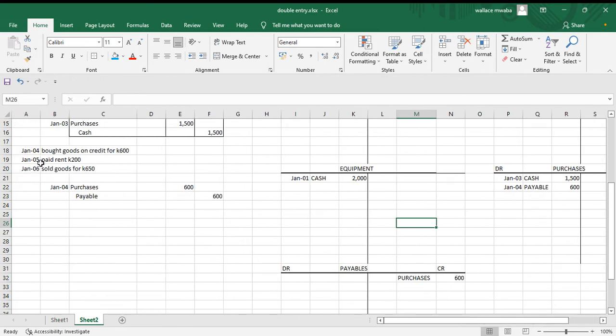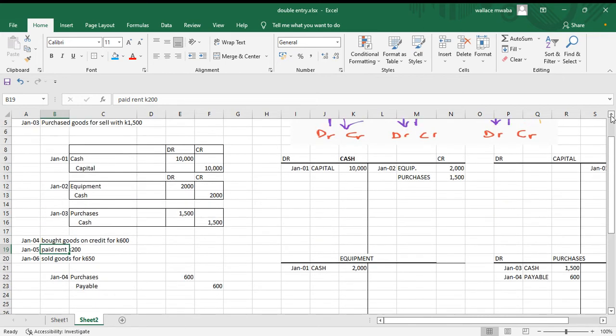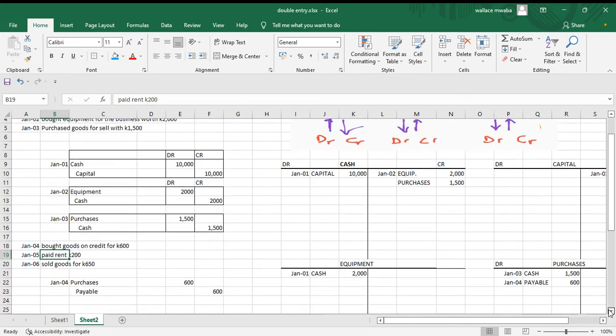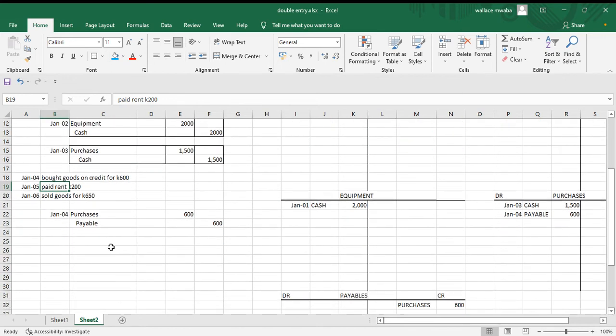January 5th, paid rent. All right, so the two accounts affected are the rent account and the cash account. Rent is an expense, and remember, an expense decreases capital, and a decrease in capital is debited. So always remember, expenses are always debited.